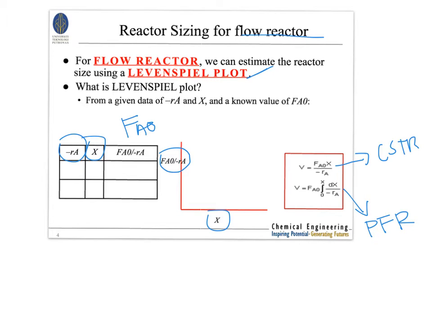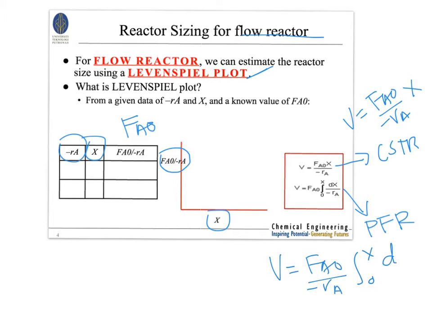If you look at the CSTR equation, V equals FA0 over minus RA times X. And for PFR, the volume is V equals the integral, with FA0 over minus RA on the y-axis, integrated from 0 to X, dX, the conversion.